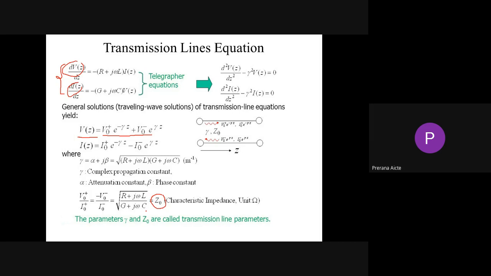Therefore γ, the propagation constant, and the characteristic impedance are called the transmission line secondary parameters, because a transmission line has both primary as well as secondary parameters.